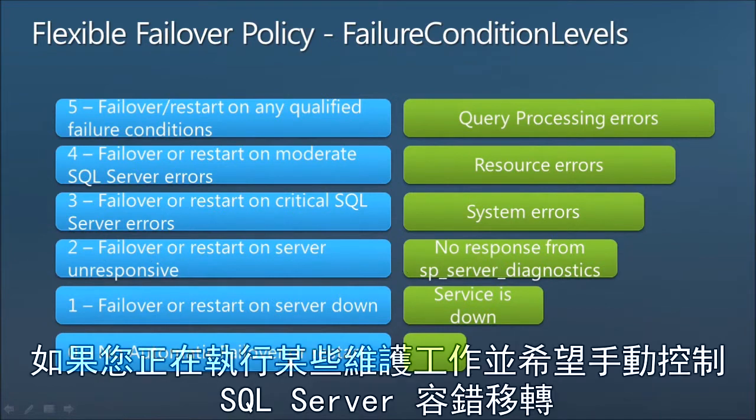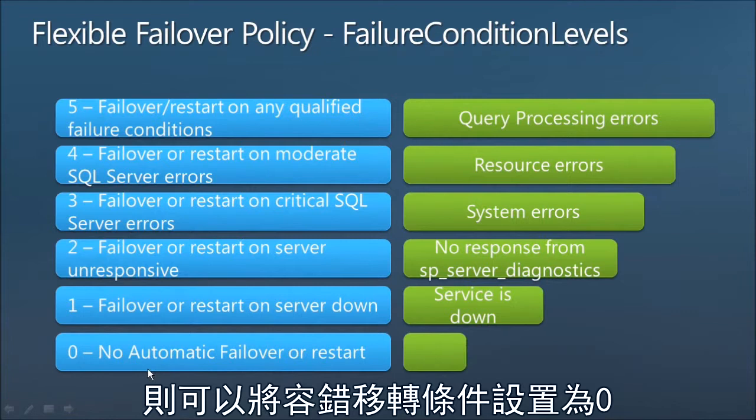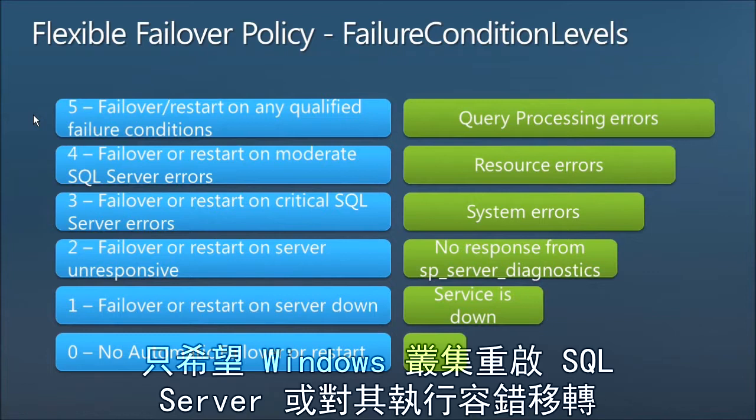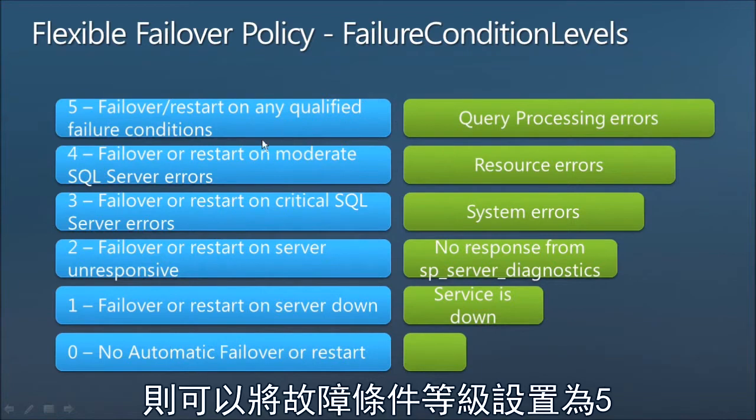If you are doing some maintenance work and want to manually control the SQL Server failover, you can set the failover condition as 0. If you just want a Windows cluster reboot or failover of the SQL Server when whatever type of error happens, you can set the failure condition level as 5.